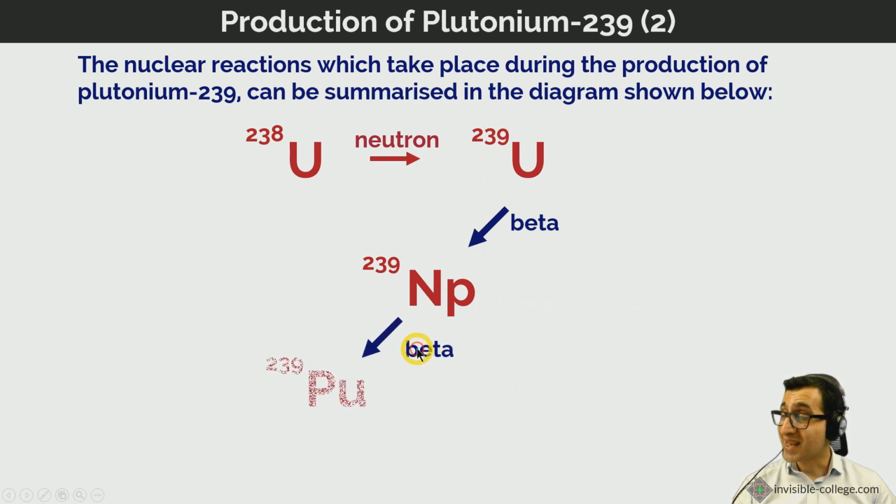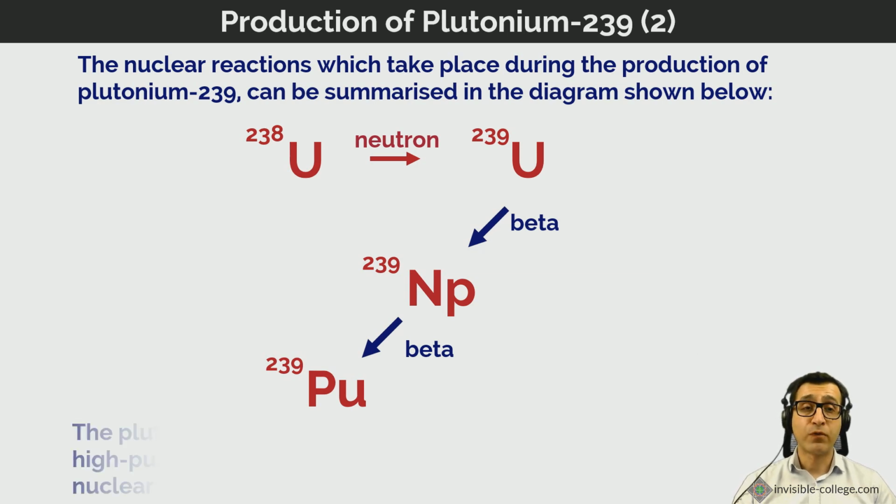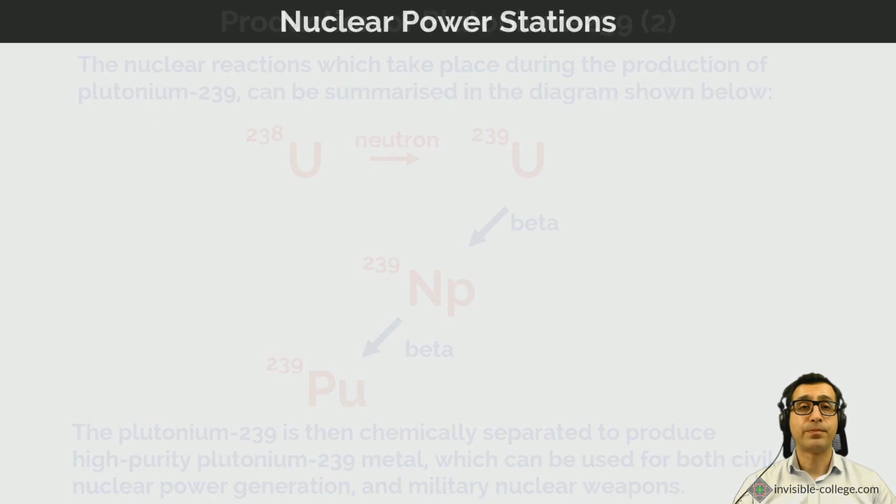Neptunium-239 then undergoes a second beta emission to produce plutonium-239. This plutonium-239 then needs to be chemically separated from the surrounding mixture of isotopes, and then is used to produce high purity plutonium-239 metal, which can then be used for civil nuclear reactors, for generating electrical power, or for military nuclear weapons.